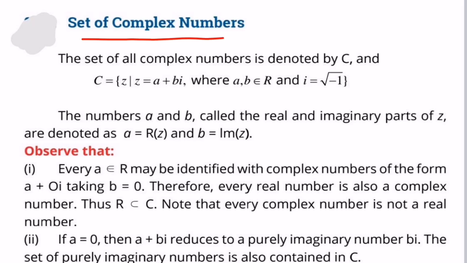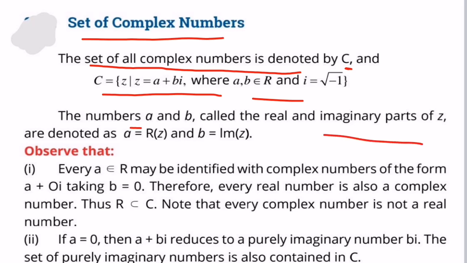The set of all complex numbers is denoted by C, and C is equal to z such that z is equal to a plus b iota, where a and b belong to R. Here a is called the real part and b is called the imaginary part.